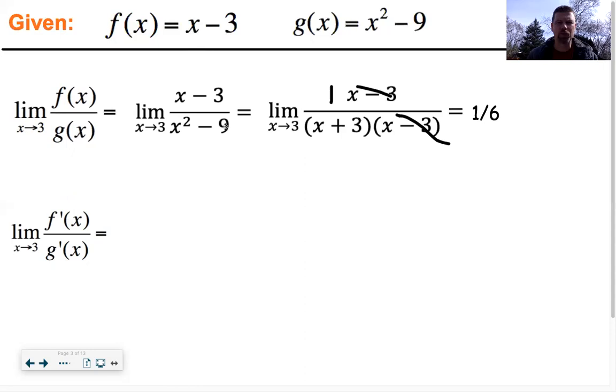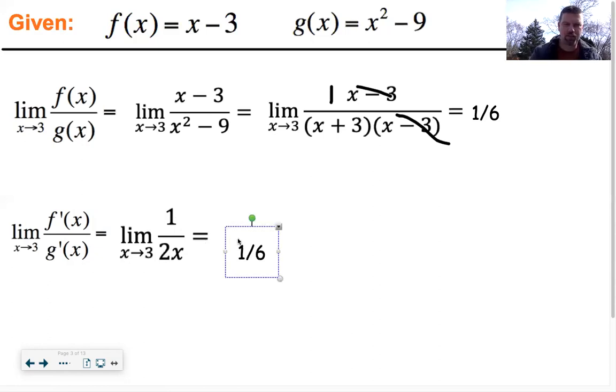G prime is the derivative of g, and the derivative of that would be 2x. So when it's asking for this, that's the same as asking for the limit of 1 over 2x, 1 being the derivative of f, 2x being the derivative of g. I can plug a 3 right in there. Plugging 3 in ends up with 1 over 2 times 3, which is also 1/6. The same exact answer as before.